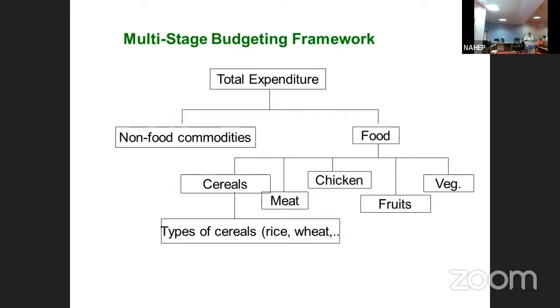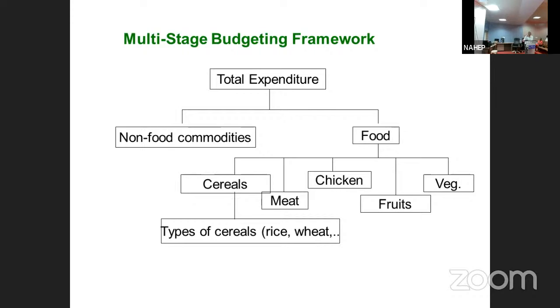Here we are saying expenditure on food is a function of total expenditure, and expenditure on food is explained by non-food and food prices. Right? Because if non-food price is high, more money will move there. And that is why food, non-food, and expenditure.